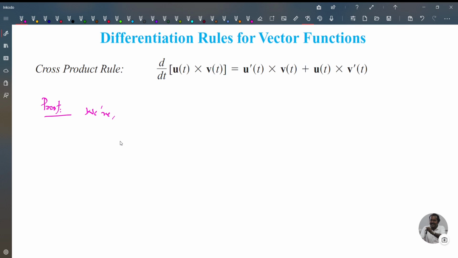We have limit h tends to 0, u of t plus h minus u of t divided by h is equal to u prime of t, is equal to d by dt of u of t.